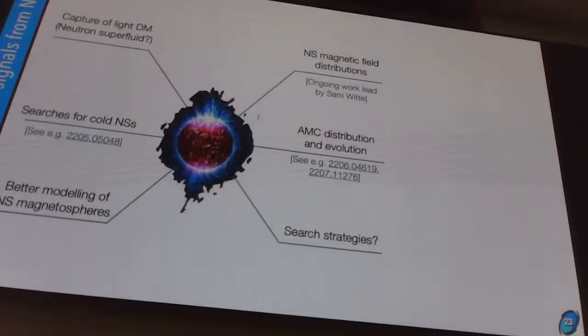So I think it's a very similar situation to the case of black holes and dark matter, in the sense that there's still plenty that needs to be done. Modeling these neutron star magnetospheres and understanding exactly how many neutron stars have the magnetic field properties that we would need is an ongoing challenge.